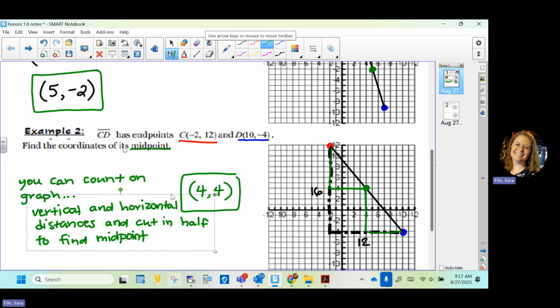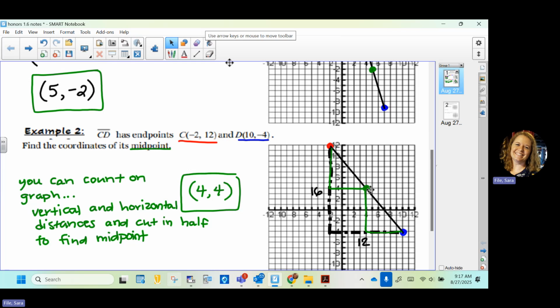Now, I'm not saying you have to do it that way, but I just want you to know you can. Some people are more visual and they prefer to look at the graph and do something like that. Now, what if these vertical and horizontal distances that we counted weren't even numbers and they didn't evenly split in half? Our midpoint would be at a half, right?